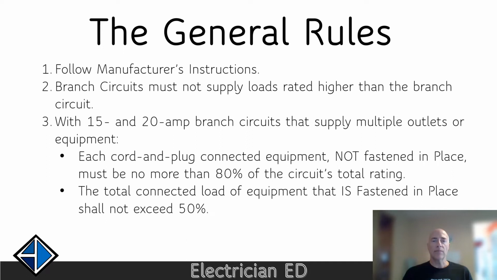And second, on 15 and 20 amp multiple outlet circuits, the total can't be more than 50% of the entire circuit rating. So on a 15 amp circuit, that's 7.5 amps, and you only get 10 amps on a 20 amp breaker.